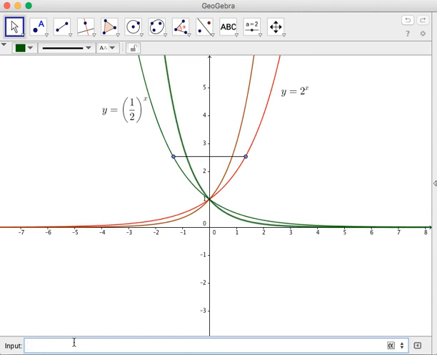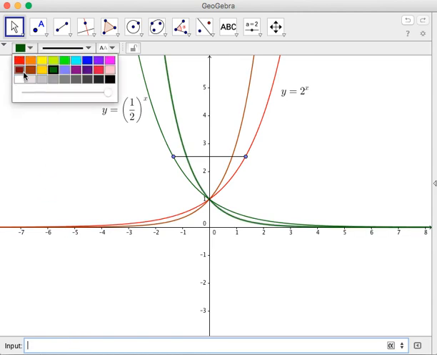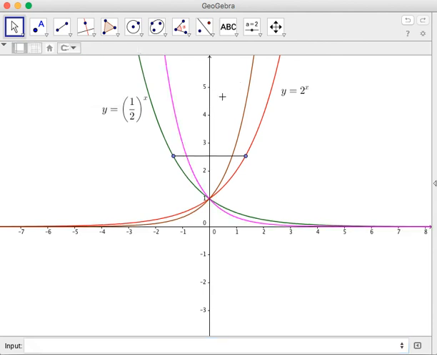It is still a reflection. Notice that this graph is a reflection of this graph. You can also verify by creating a table, and if you use GeoGebra, use the reflected point.